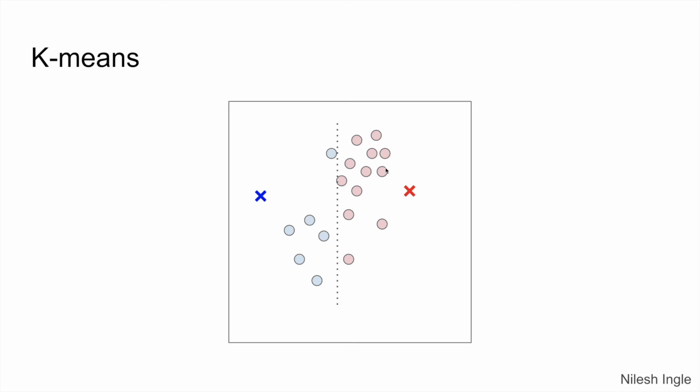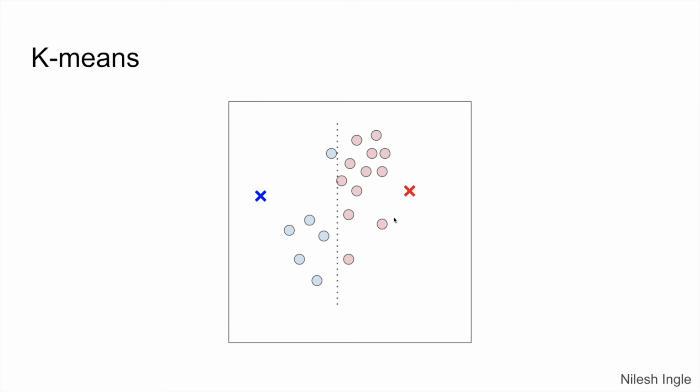So for example, this is closer to the red x, so we will make that red. This is closer to this blue x, so we make that blue, and so on for other points. And thus we can draw a perpendicular bisector between these two seed points, which tells us that the points on the left would be blue, points on the right would be red.